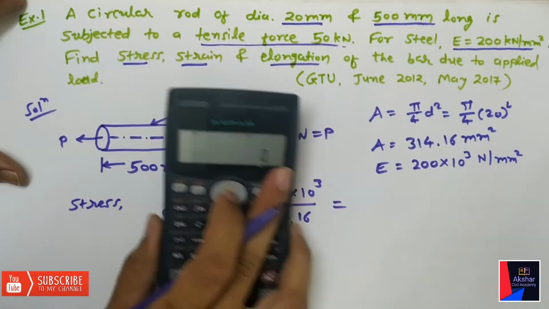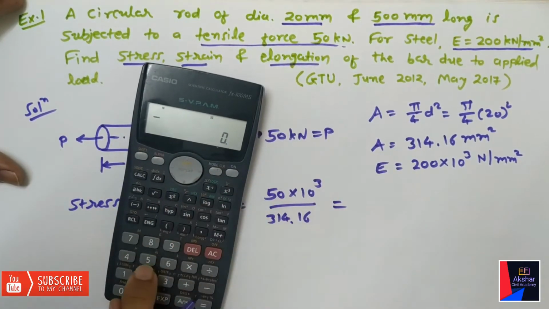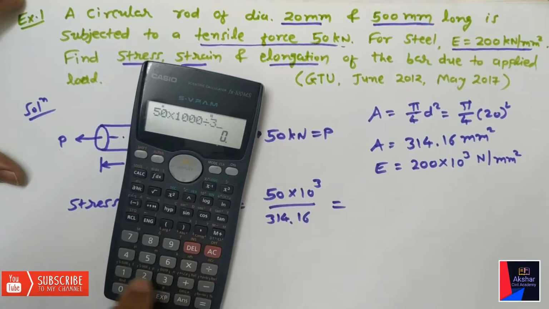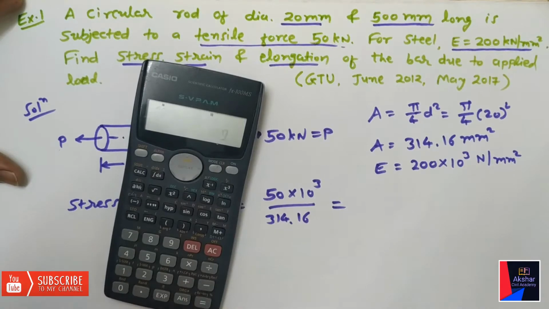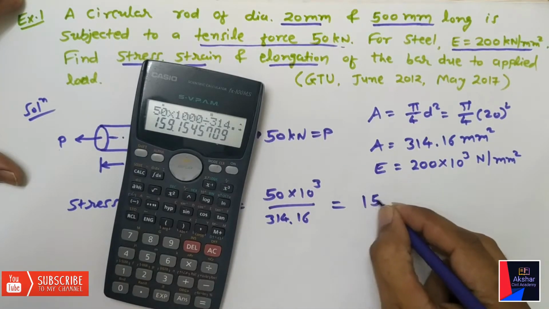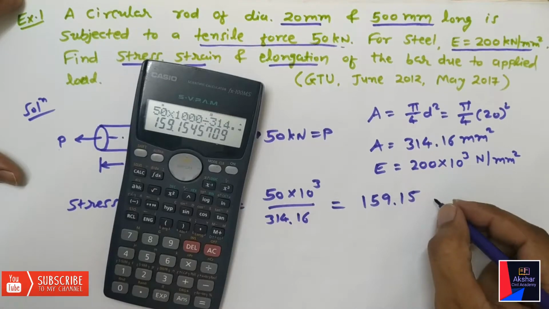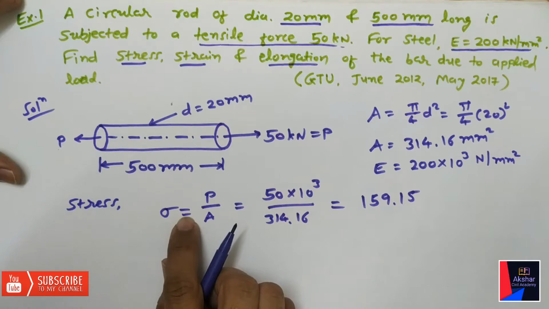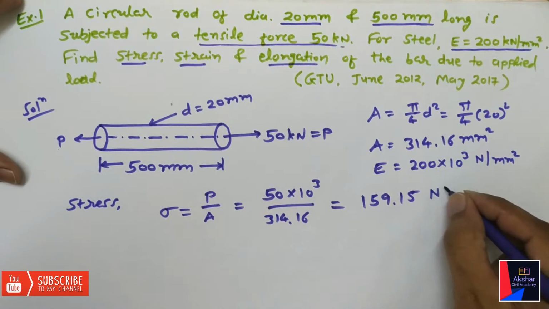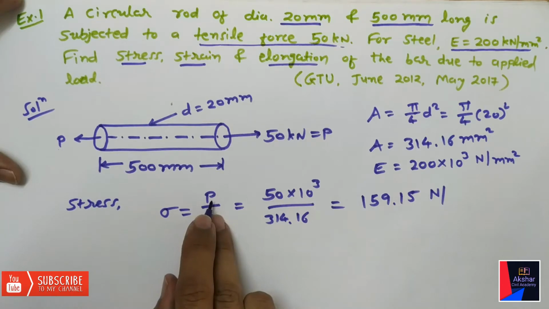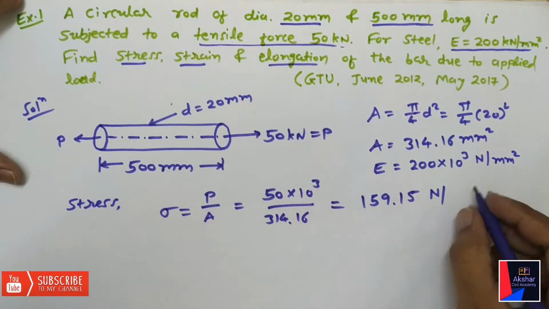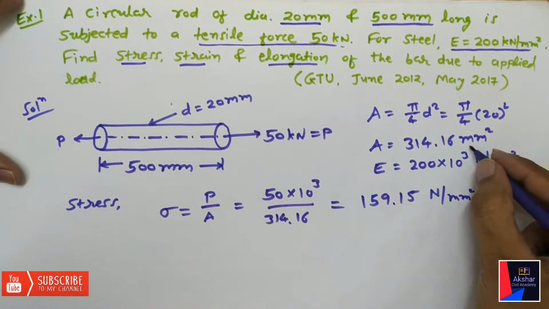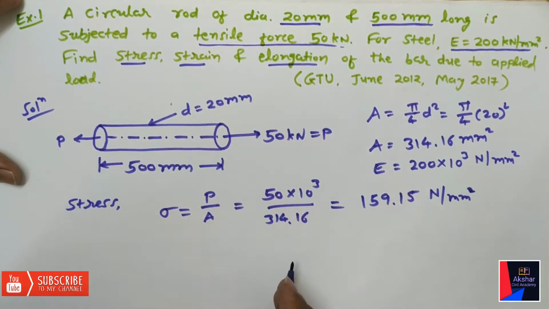So it will be 50 multiplied by 1000 divided by 314.16, which is 159.15. The unit of force is Newton and the unit of area is mm square, so the unit will be Newton per mm square.